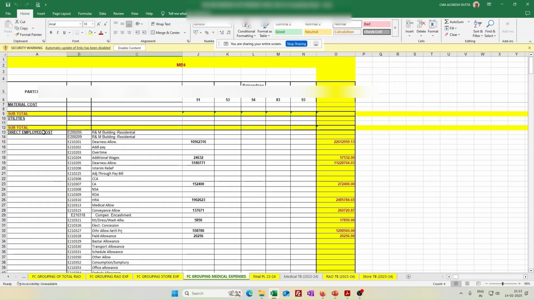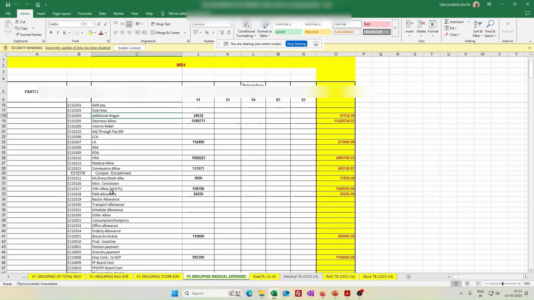For example, direct employee cost, repair and maintenance of building, repair and maintenance of residential. I have told you the repair and maintenance of building pertaining to the colony should come under employee cost. Here it is: dearness allowance, additional pay, overtime, all employee related costs come here.